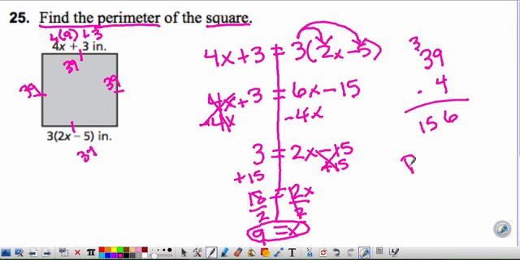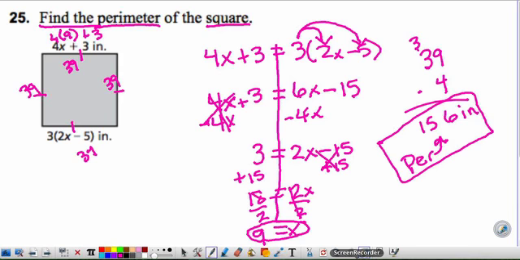So I know that my perimeter is 156 what? Inches. The correct answer, they ask you to find the perimeter, is 156 inches. Wow, that's a lot. Thank you, ma'am.